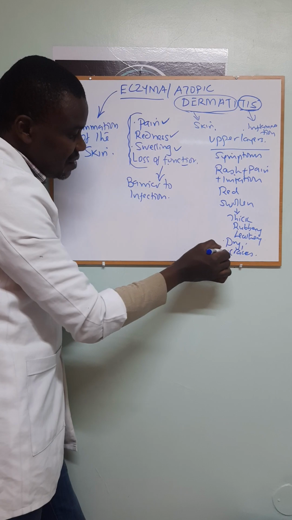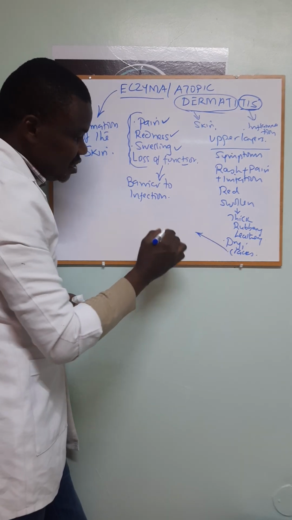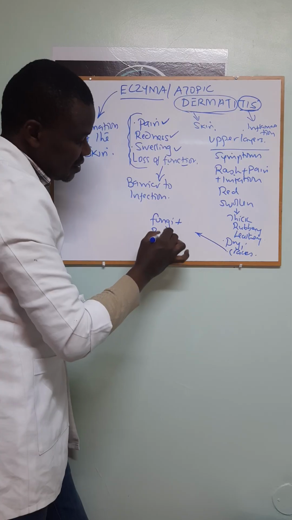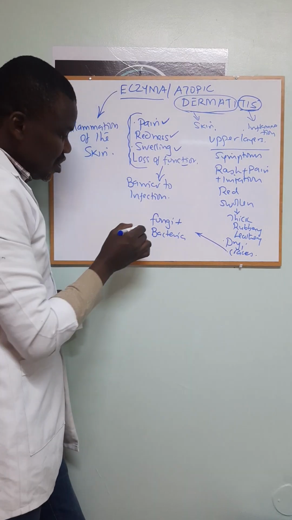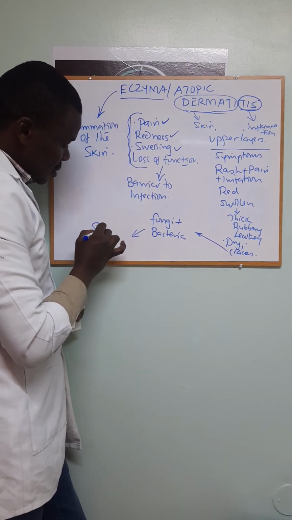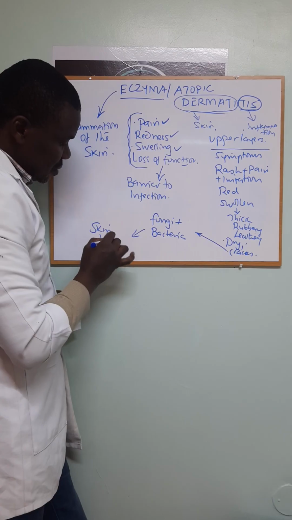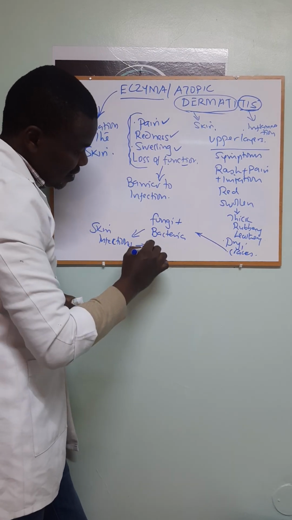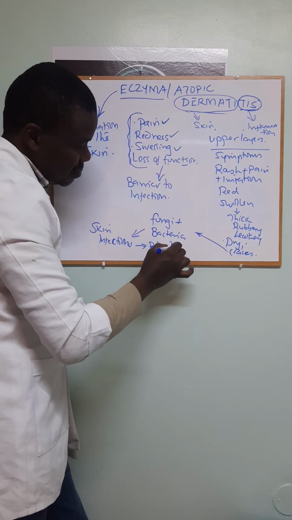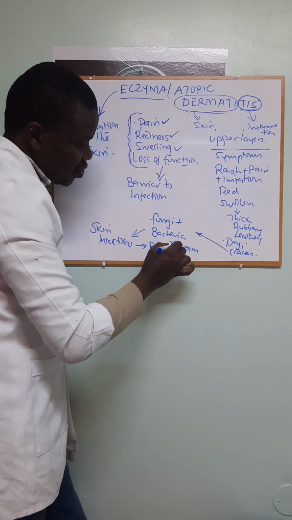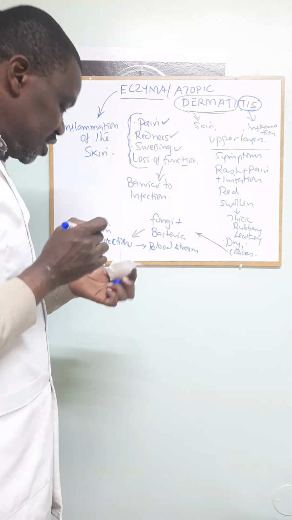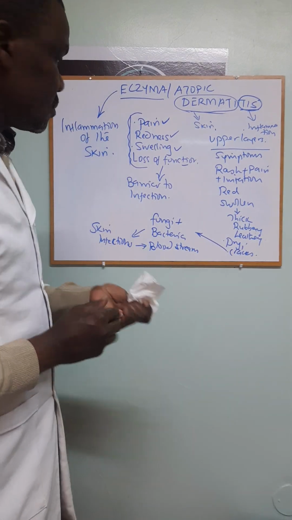Because of the dryness and the cracks, it is very easy for fungi and bacteria to get under the skin. Then you end up with skin infections. And these infections somehow get access to the bloodstream, and you have a child who is constantly in the hospital because of an infection or another.